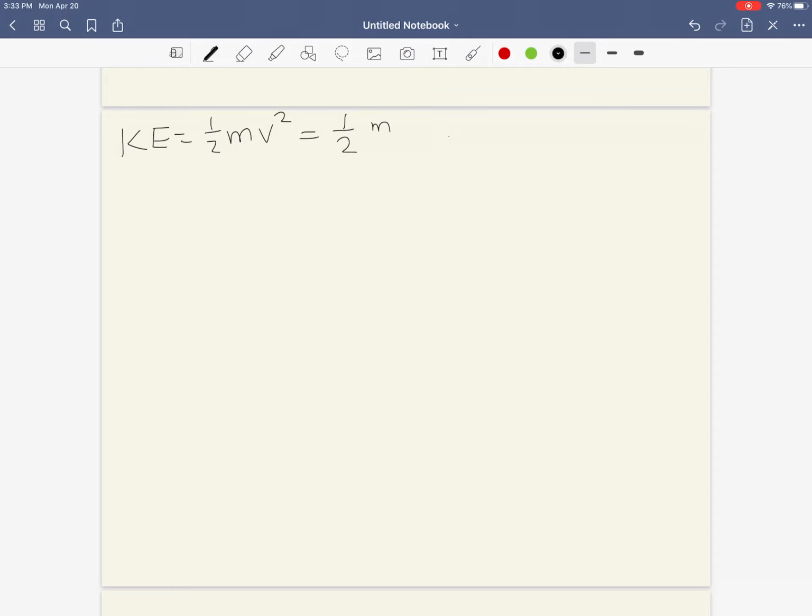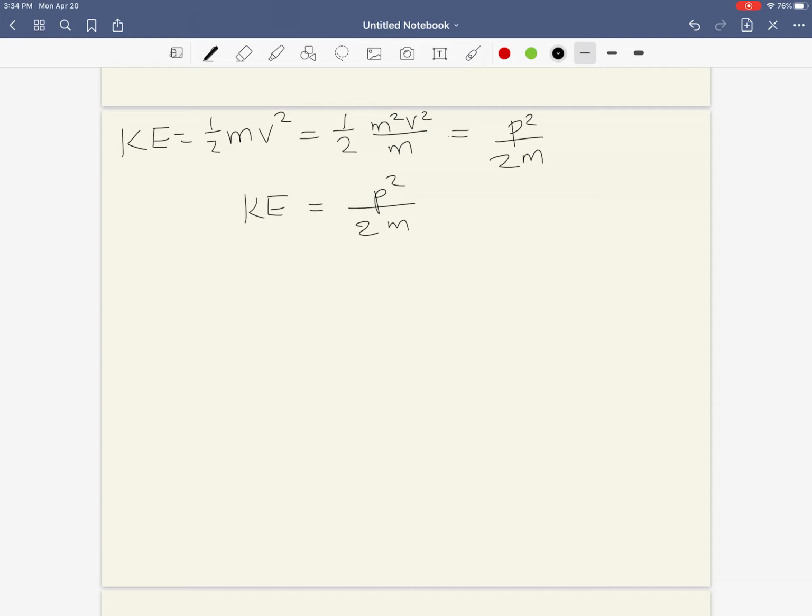So if I multiply the top by m, then I have to divide the bottom by m so that I have not introduced any new quantities. But this allows me to then write the kinetic energy as p squared over 2m. So if this is your first time coming across this expression, this is another useful way of writing the kinetic energy of any object. So it's just p squared over 2m.